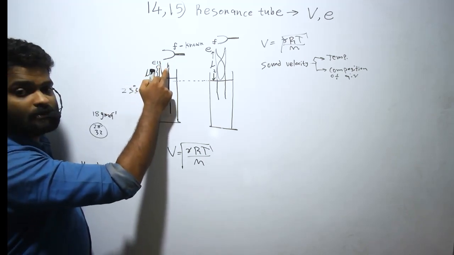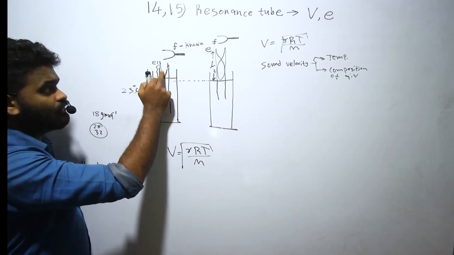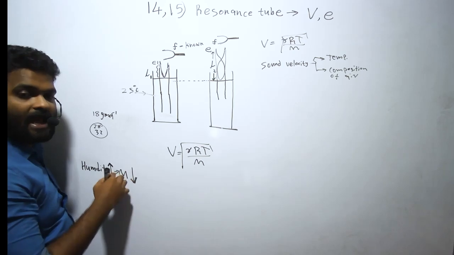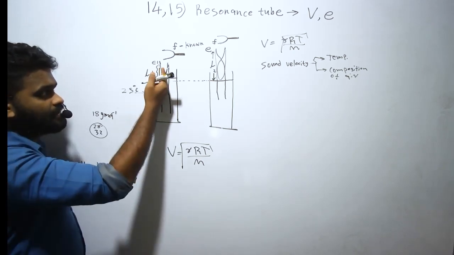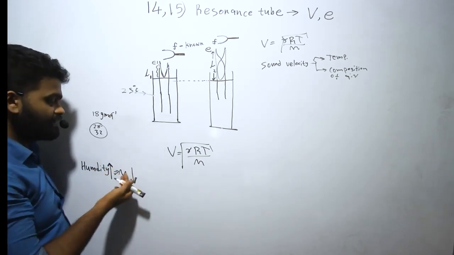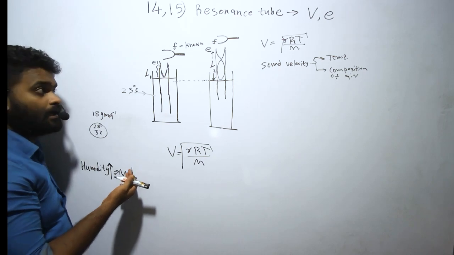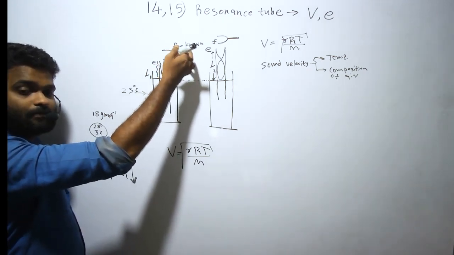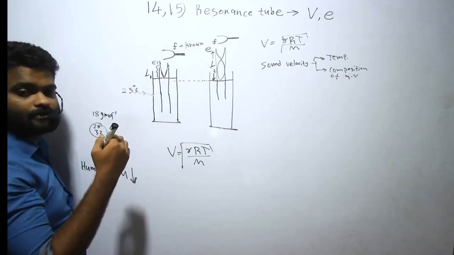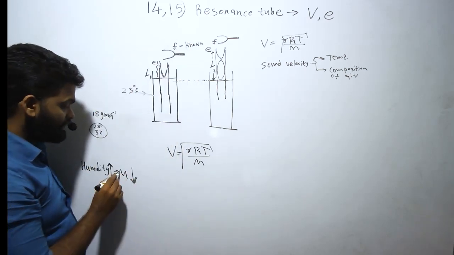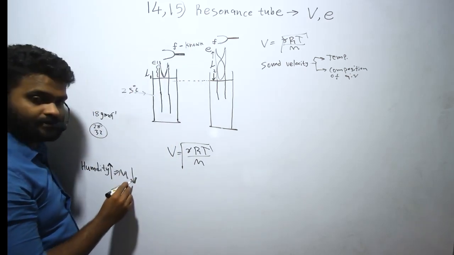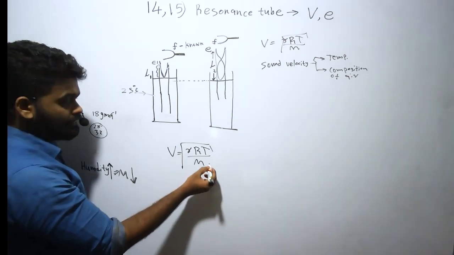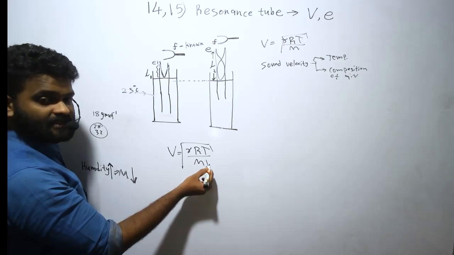So when the concentration of water molecules is higher, capital M decreases. Average molecular mass here decreases because some of the nitrogen and oxygen is replaced by water molecules. So if this decreases, what happens?